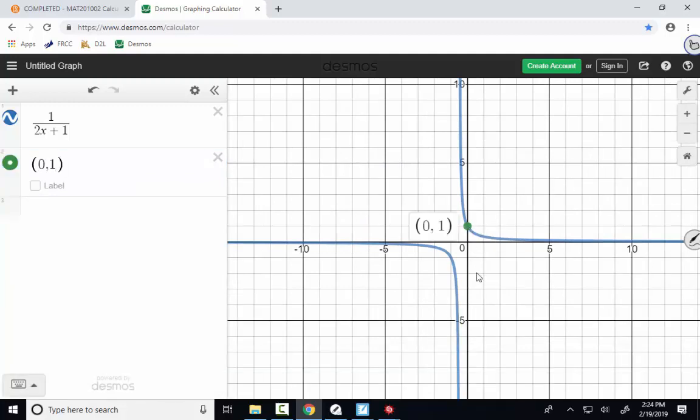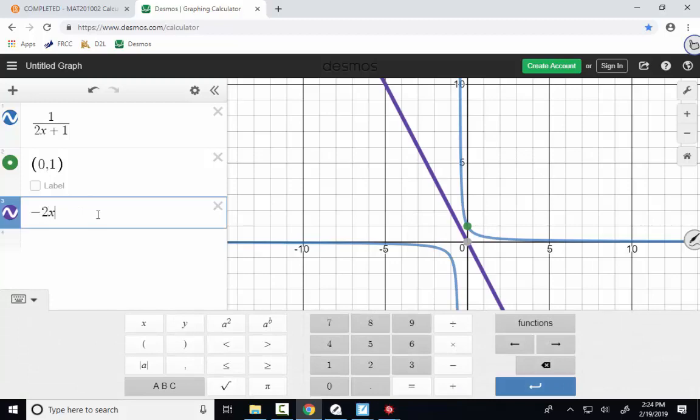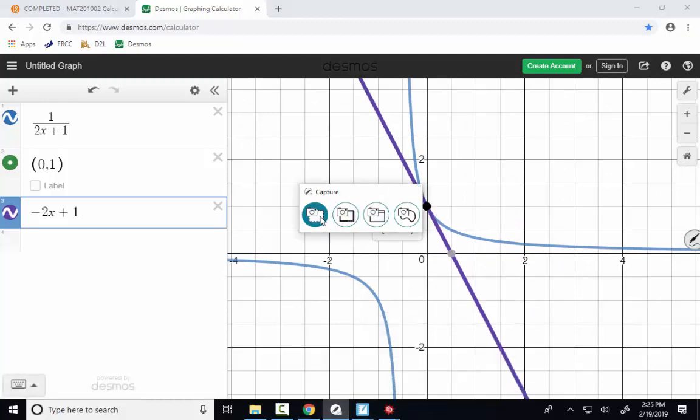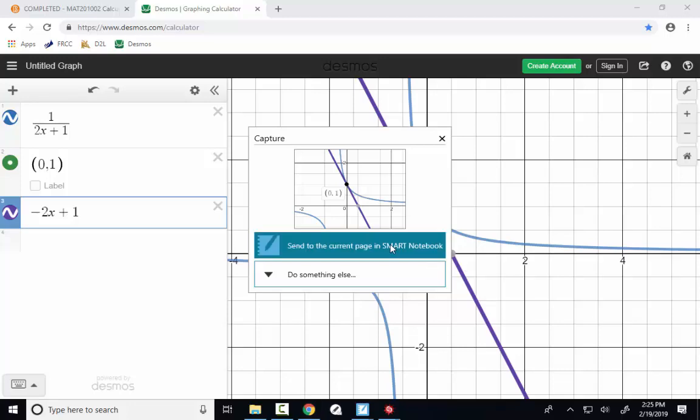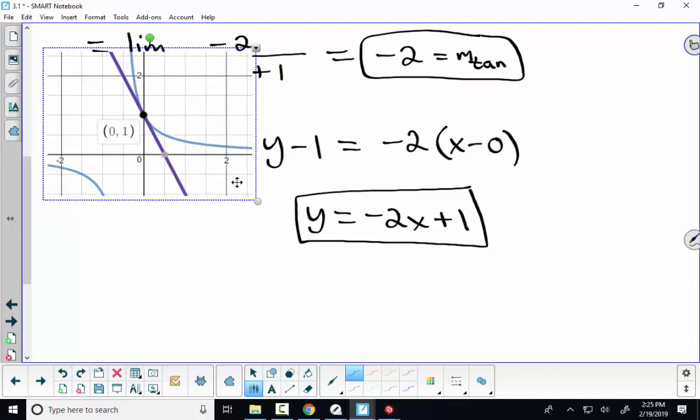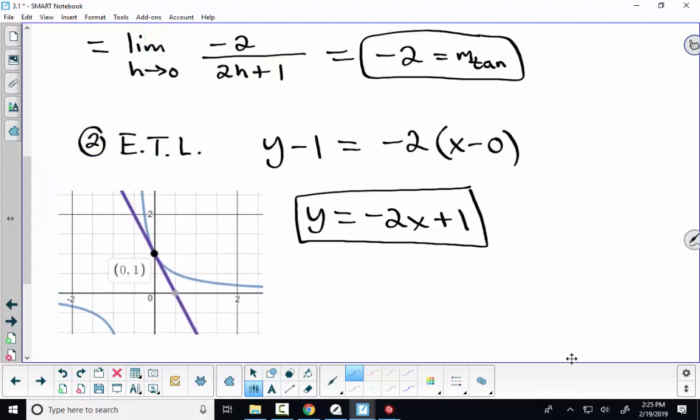All right, so there's our function. The point we're constructing the tangent line at is here. We measure that slope to be negative 2, so negative 2x plus 1. All right. Any questions on this material?